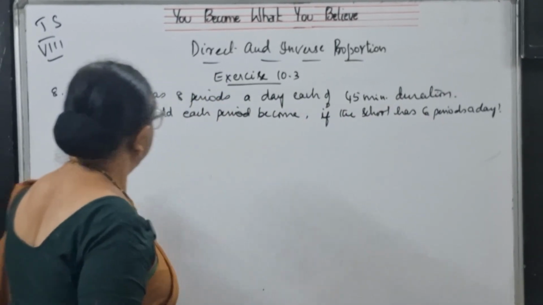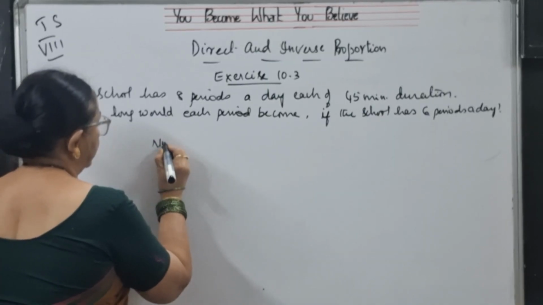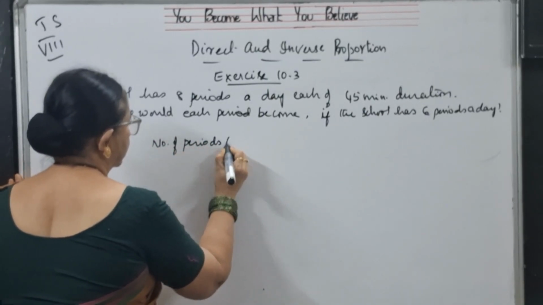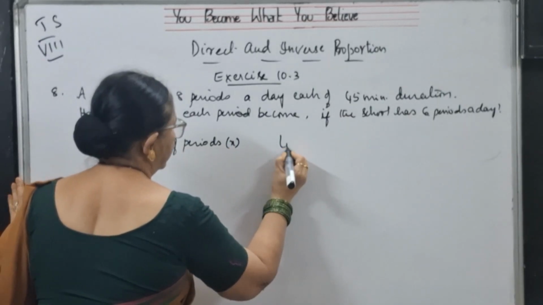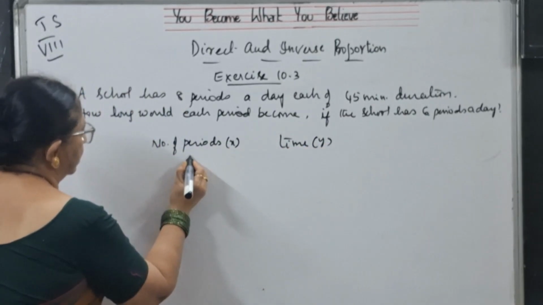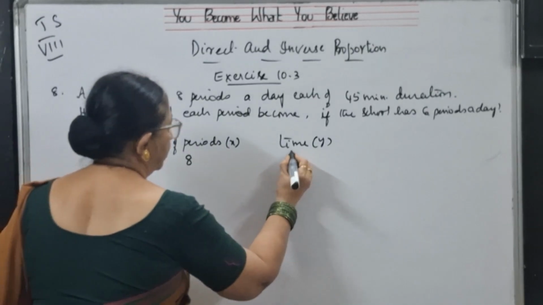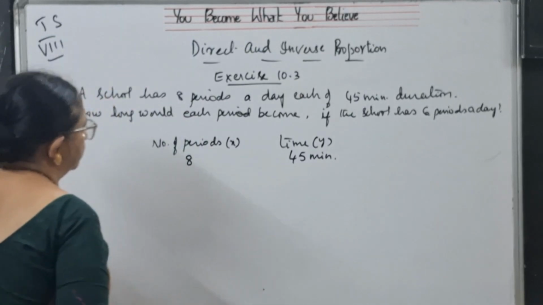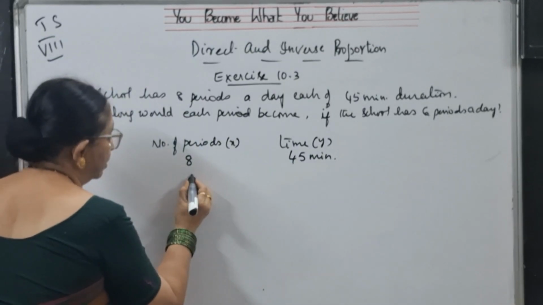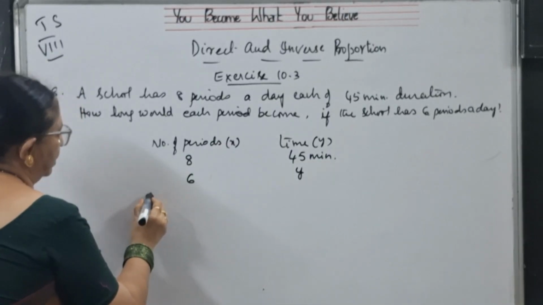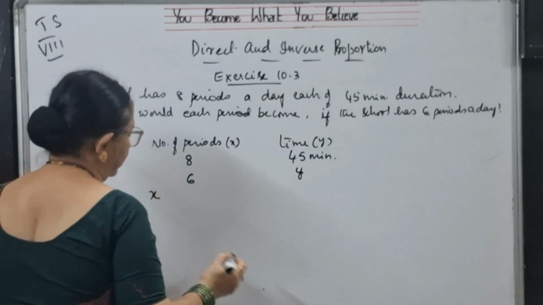If the number of periods is 8, consider the number of periods as x, and time as y. If there are 8 periods, 45 minutes is the time they have taken. So if there are 6 periods, what is the time? Definitely periods will increase, time will decrease.